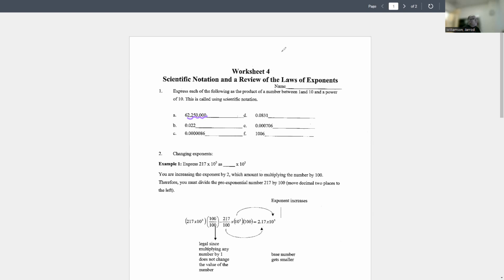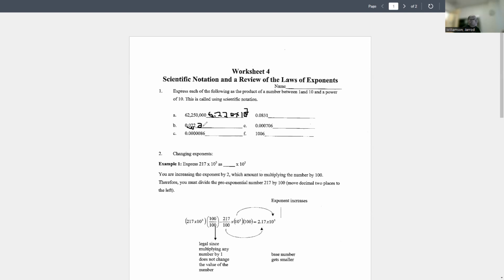So that will be 6.225 times 10 to the 7. This one, I need to move the decimal point 1, 2 decimal places to the left.